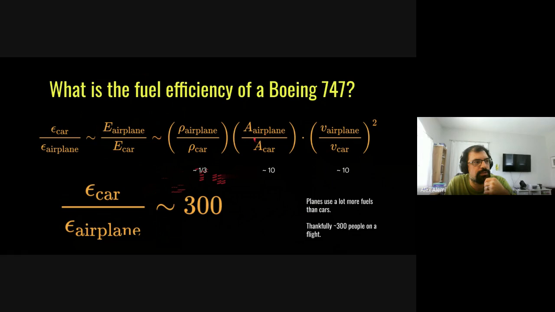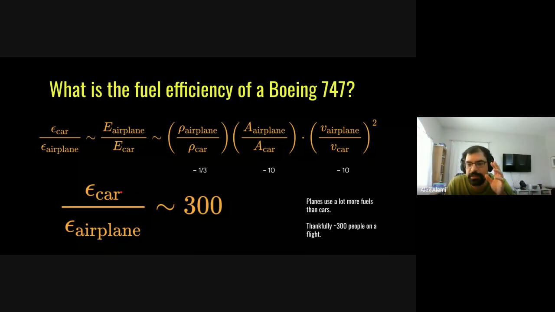Airplanes are about 10 times faster. Airplanes are about 10 times bigger. And the air up at 30,000 feet is about 1/3 of the density of air at the ground. 10 squared is 100, times 10 is 1,000, divided by a few is a few hundred. So the fuel efficiency of cars is about 300 times the fuel efficiency of a plane.